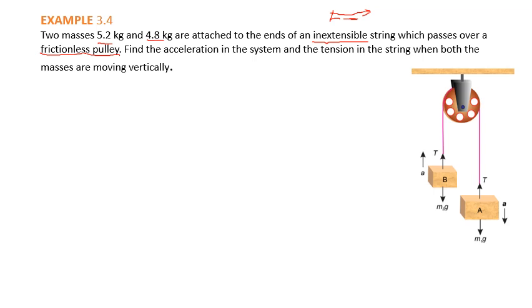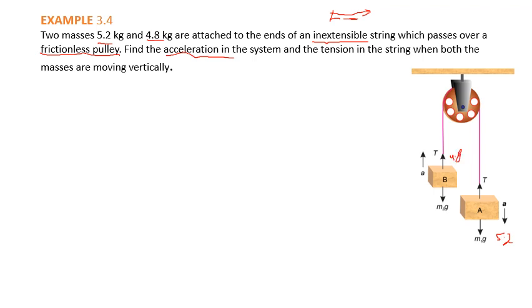And find the acceleration of the bodies of the system. Since this body is heavier, this is mass 1, which is 5.2 kg, and this is 4.8 kg, right?